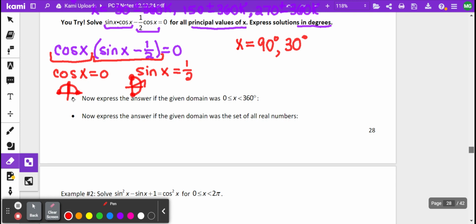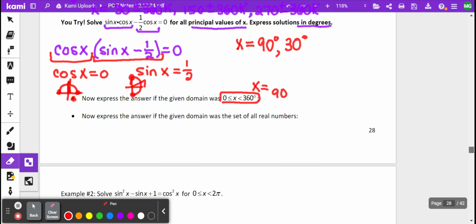Okay, second question here. Building on that, it says express the answer if the domain was from 0 to 360. So now you can think, okay, obviously the 90 degrees is still going to be there for cosine. x equals 90. But where else on the whole entire unit circle is cosine 0?